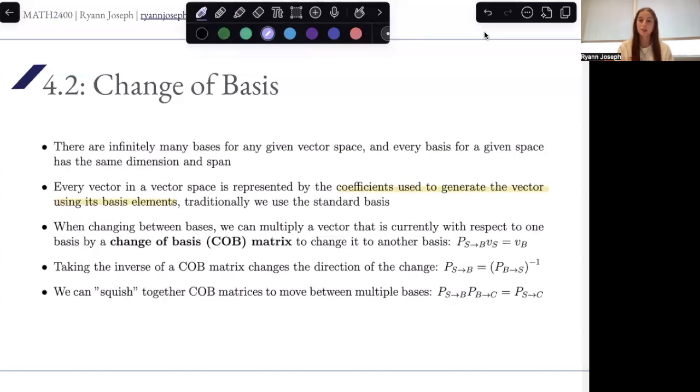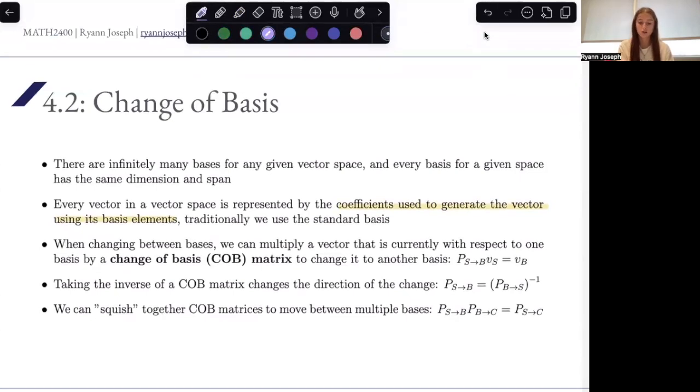When we think about a vector in R3 with respect to the standard basis, let's say it's 5, 2, -6. This is a vector in R3. That 5, 2, -6 is with respect to the standard basis if we don't specify otherwise. So what that means is we linearly combine the basis elements to get 5, 2, -6.